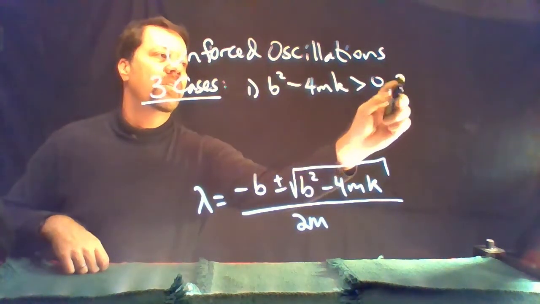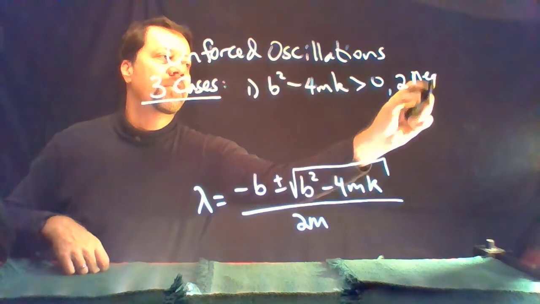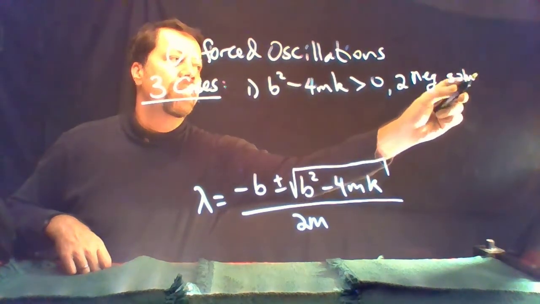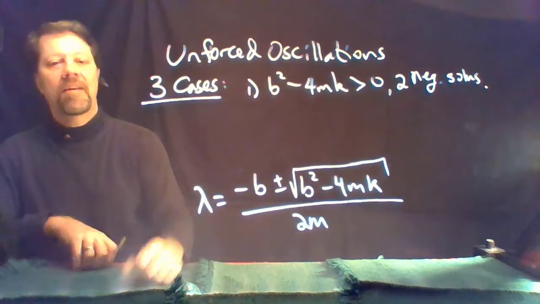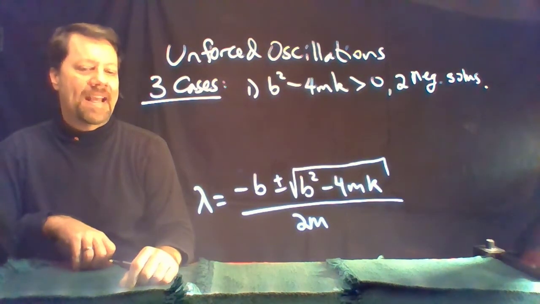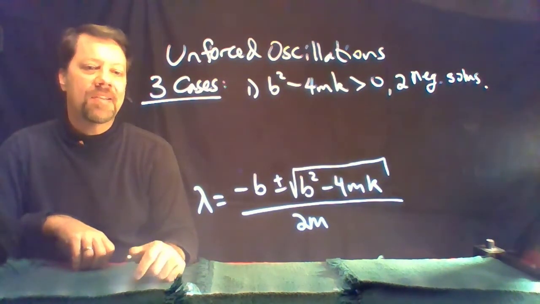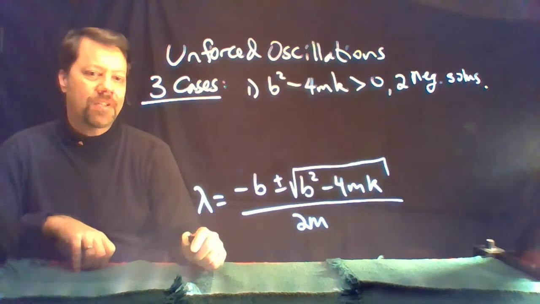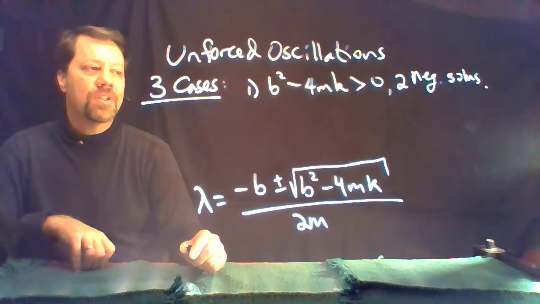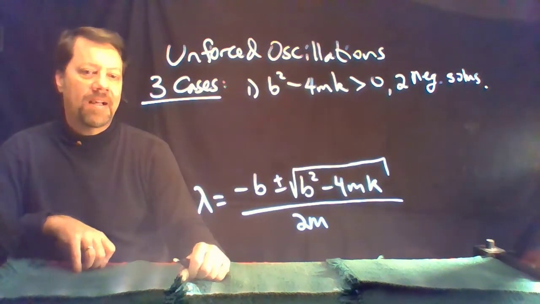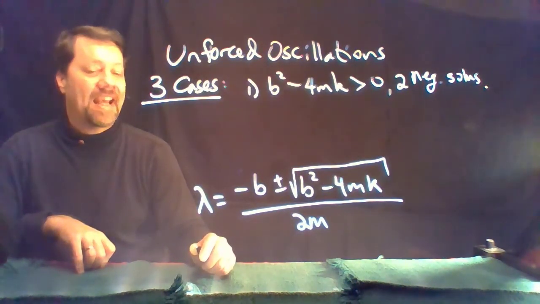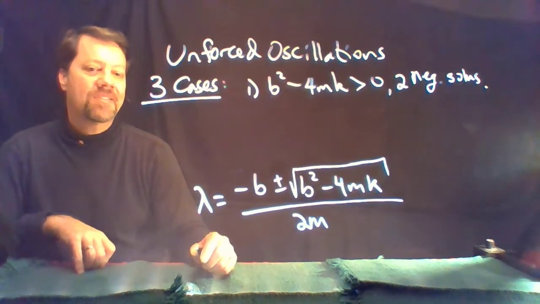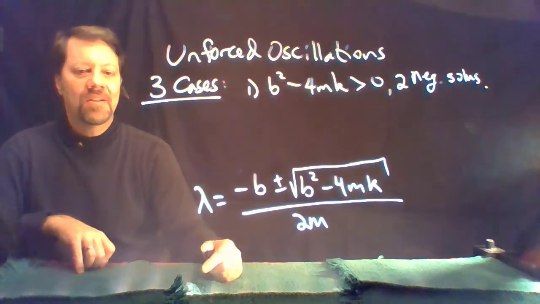So we get two negative solutions for the characteristic values lambda. That implies that in both of our basic functions in the fundamental set of solutions, we have exponential decay, e to the lambda x, or e to the lambda t in this case, where lambda is negative in both cases.